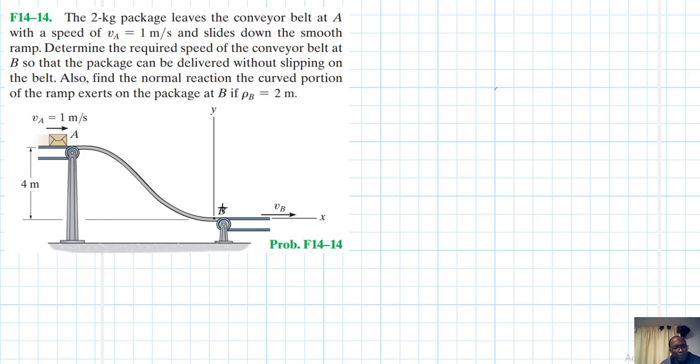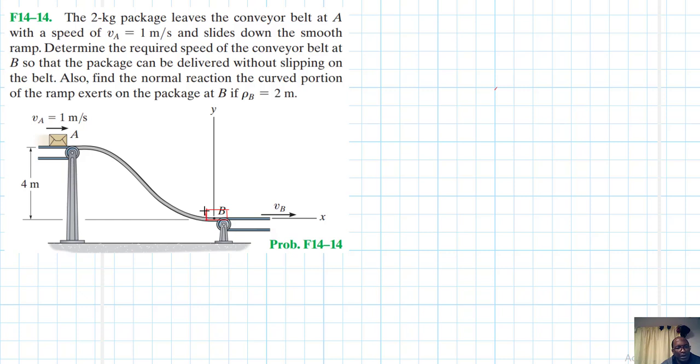So we do have the package at this point here at B. Let me just draw this package at B. So we have something like so here. You don't have to be perfect, just something.